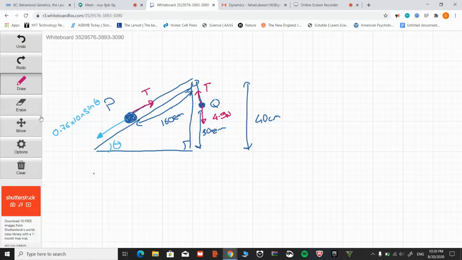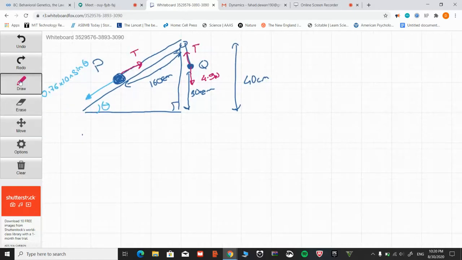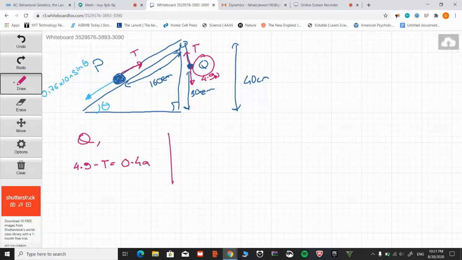Now when you let go, particle Q moves down and particle P moves up. So let's form those simultaneous equations. For particle Q, since it's moving down, F equals ma means bigger force minus smaller force equals its mass into the acceleration.